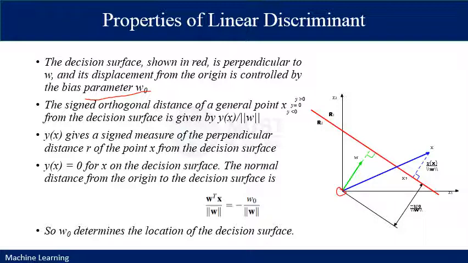The signed orthogonal distance of a general point x from the decision surface is given by y(x) over the norm of w.